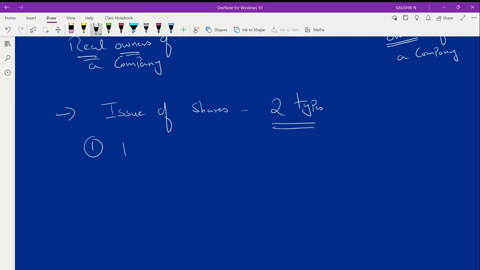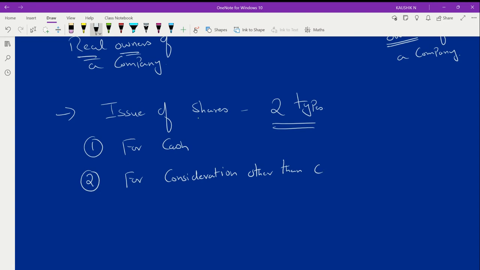One is for cash, and the second one is for consideration other than cash. So you have only two varieties or two types in the form of issue of shares. One is for cash, and the second one is for consideration other than cash.